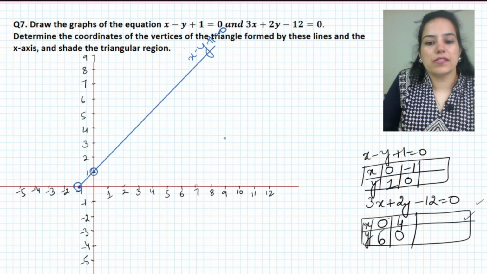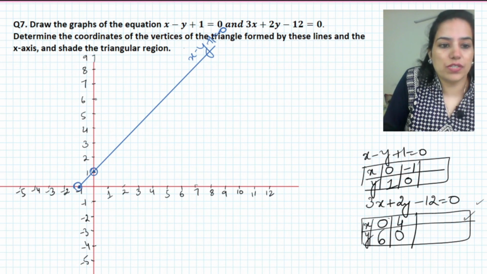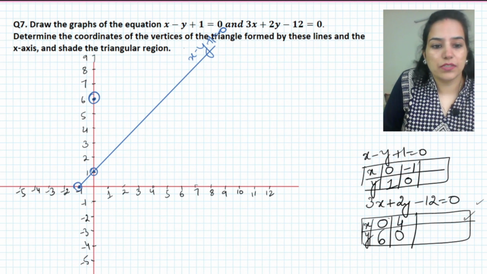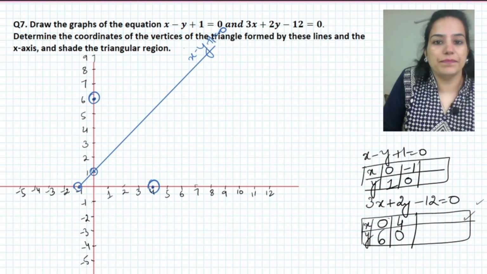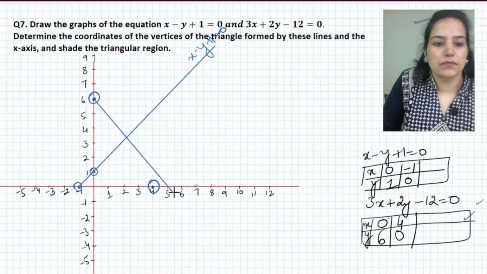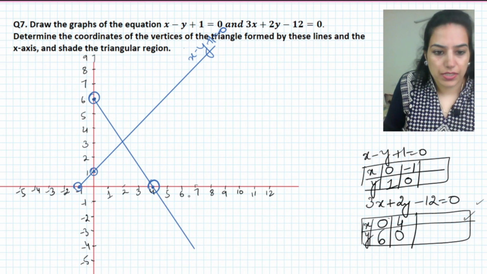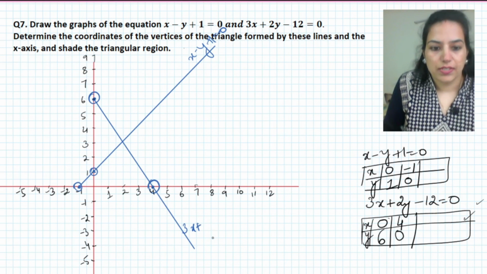Now the other one is when x is 0, y is 6, so it goes here. And when x is 4 here, y is 0, right? And if I join them, like this here, and this one is 3x plus 2y minus 12 is equal to 0.